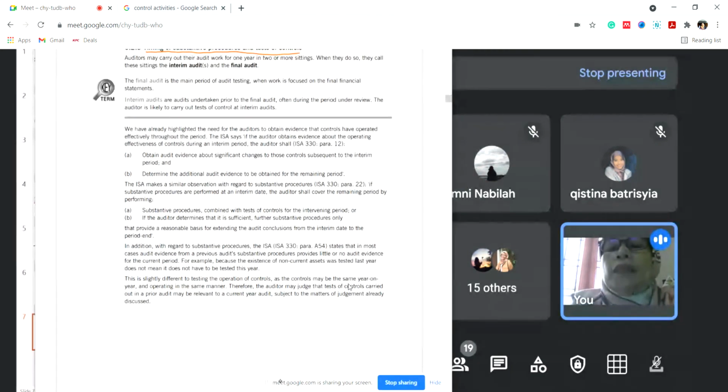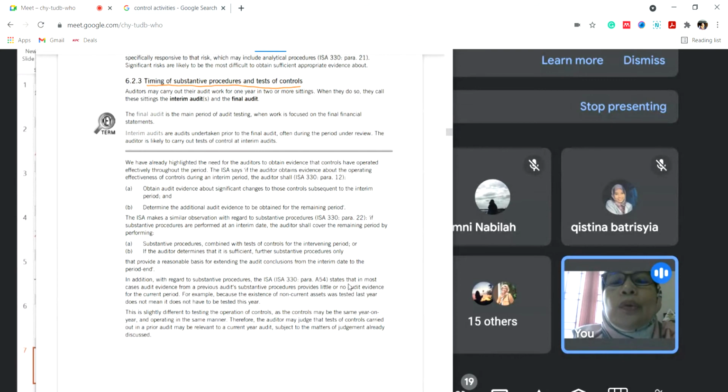The auditor may carry out their audit work for 1 year in 2 or more settings. When they do, they call these settings interim audit or final audit. So the final audit is the main period of audit testing and focuses on the financial statement.